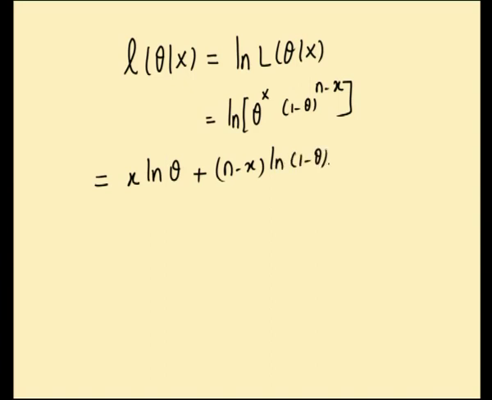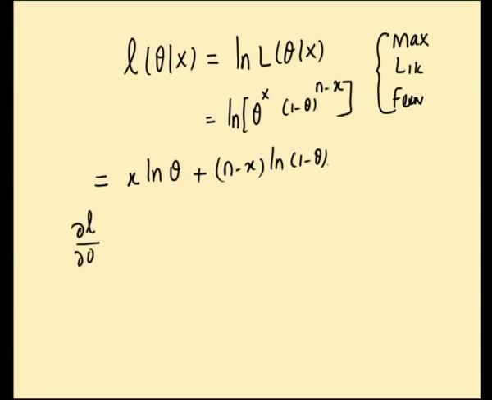So, what will this likelihood function say? Maximize the likelihood function. Let us recall the title, maximizing the likelihood function. We got it. So, I will apply the calculus approach.